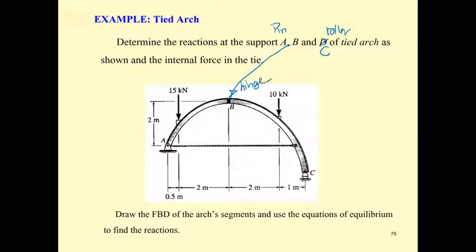Since A is the pin, the reaction here is going to be A sub x and A sub y, and since C is a roller, this one only has C sub y. And by using the equations of equilibrium, we can determine the reactions of this truss easily.